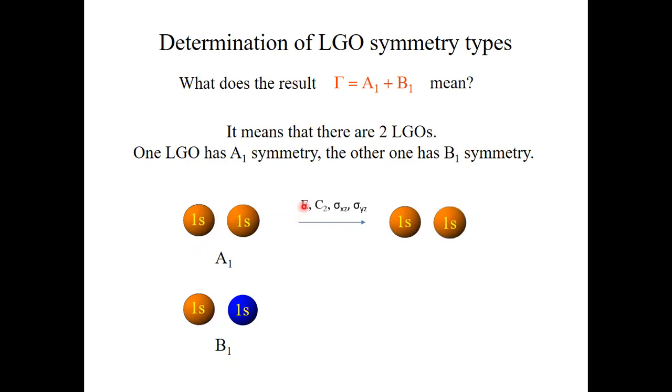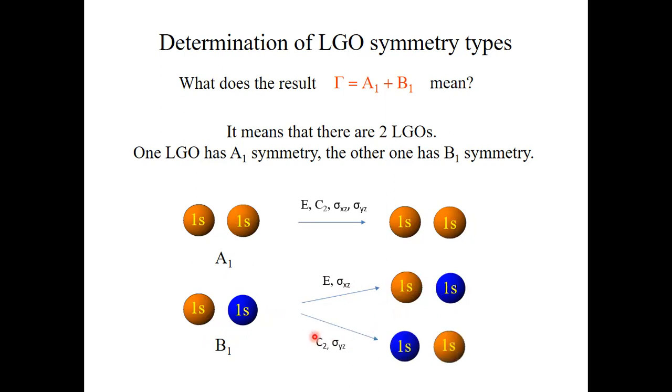Okay, when we apply E, C2, sigma xz, and sigma yz, all four of them, then basically nothing happens to the orbitals, okay? And that refers to an irreducible representation in which all characters are +1. While when we do this to the other combination here, when we apply E and sigma xz, then the orbital remains unchanged.